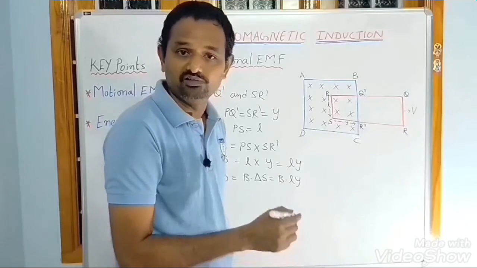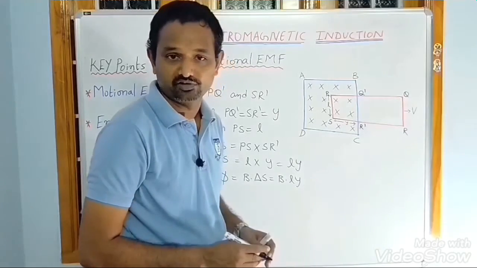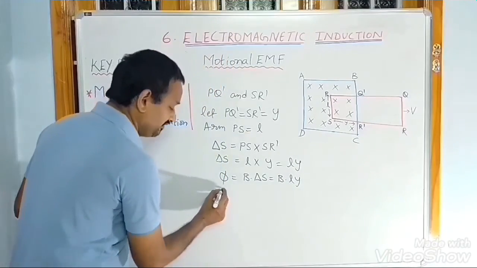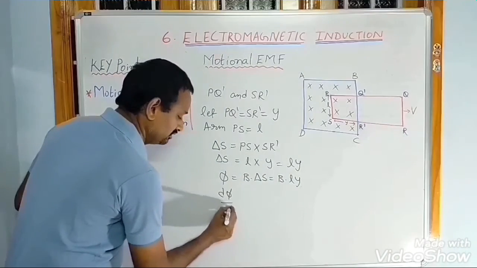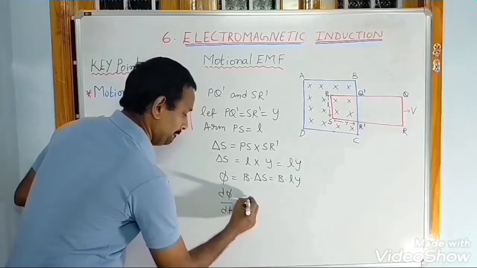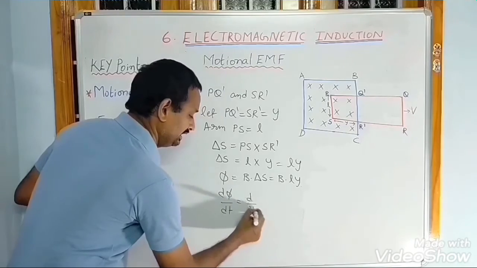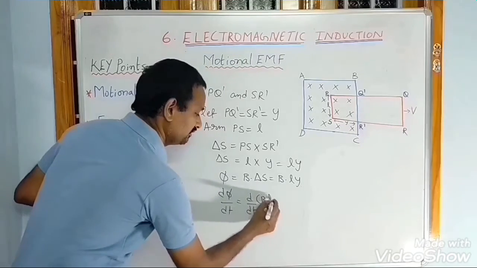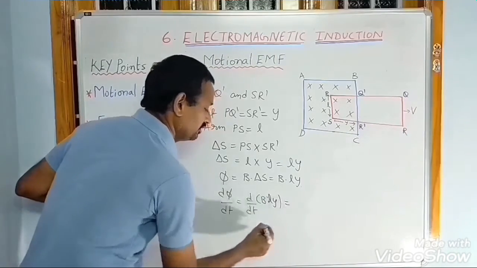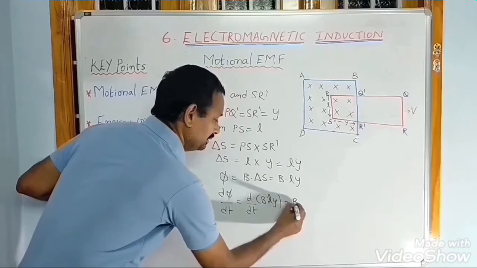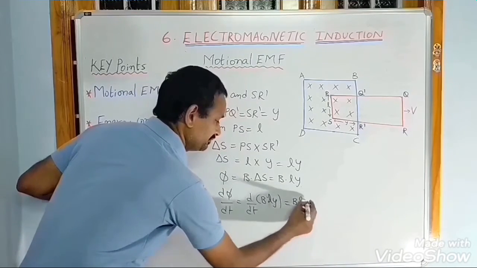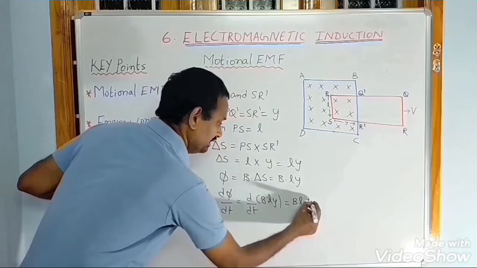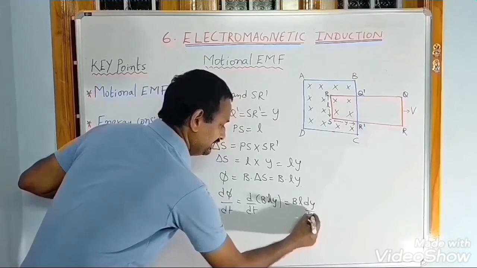So I will find the rate of change in magnetic flux, that is d phi by dt equals d by dt of B L Y. I will write BL outside, then dy by dt.